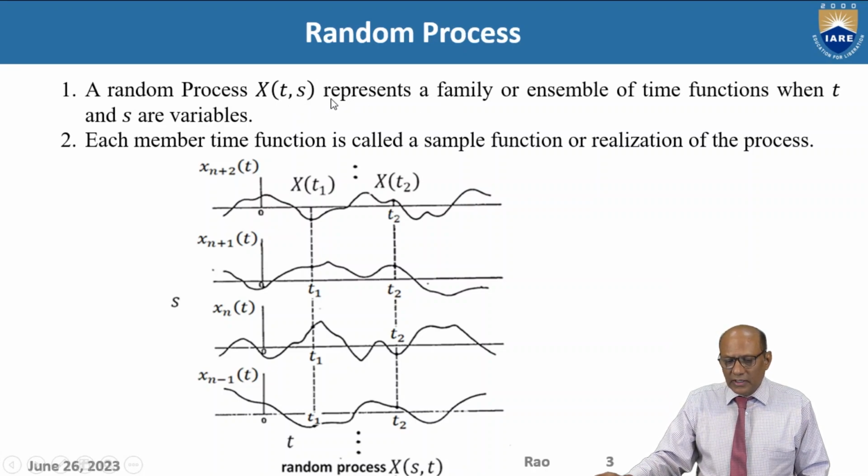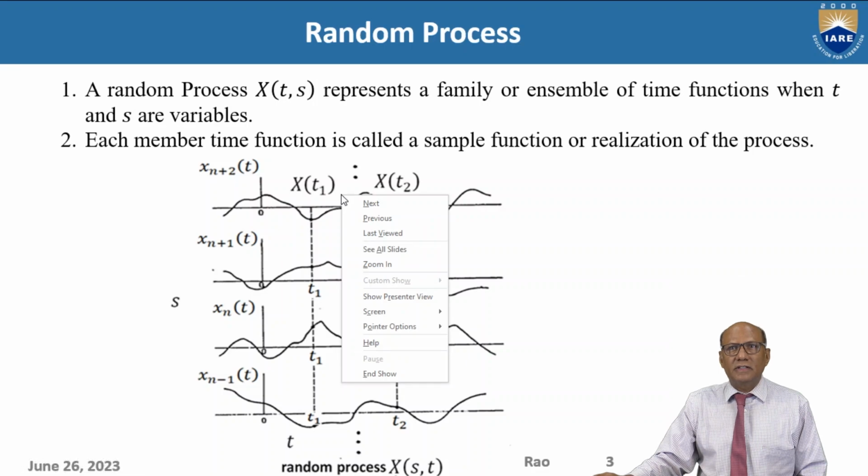Okay. So here I will read it again. A random process X of t comma s represents a family or ensemble of time functions where t and s are variables. Each member time function is called a sample function or realization of the random process. For example, I have shown one random signal here.